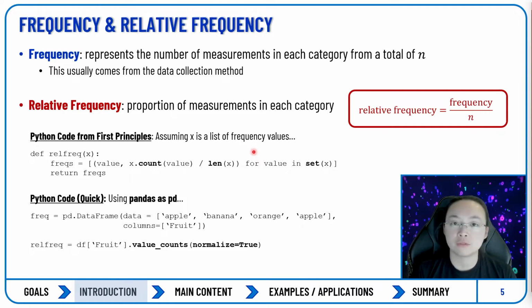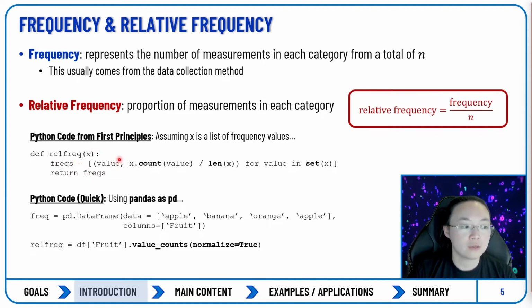So you have a bunch of data collected, and you already have a list of how many times your data shows up within a category. So we can define a function called relative frequency. Here, what it does is it calculates the frequencies of each of those values.